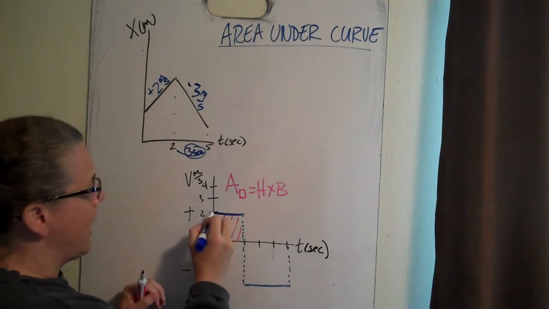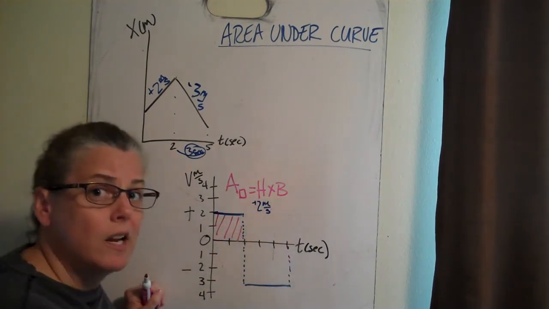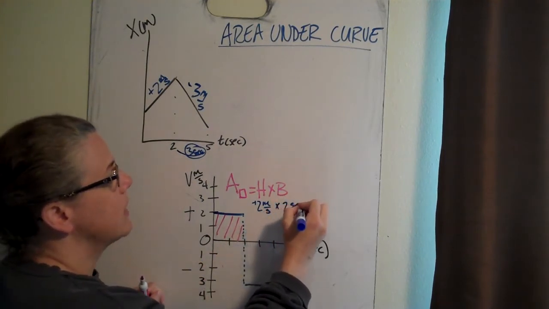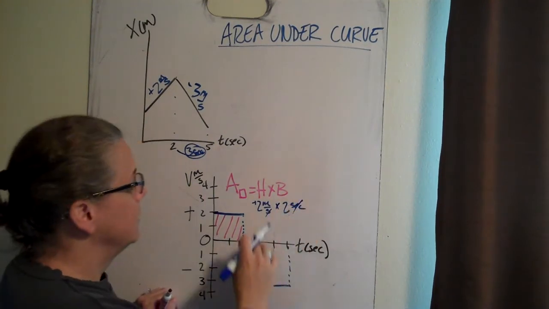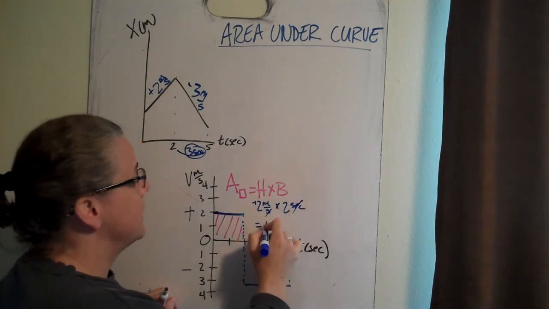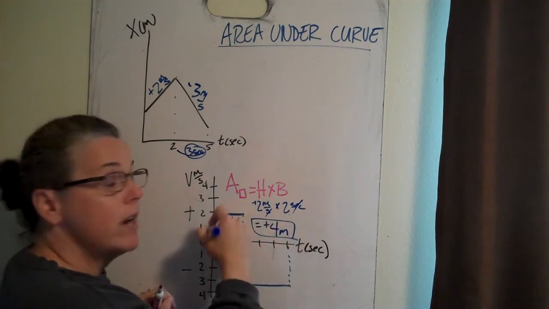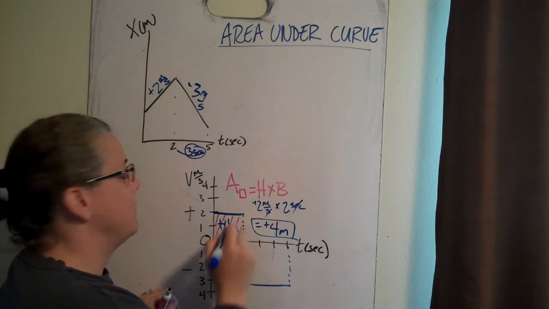My height is a positive 2 meters per second times my base, which is 2 seconds. I cancel my seconds out, and 2 times 2 gives me 4 meters. So the area inside that rectangle is a positive 4 meters.